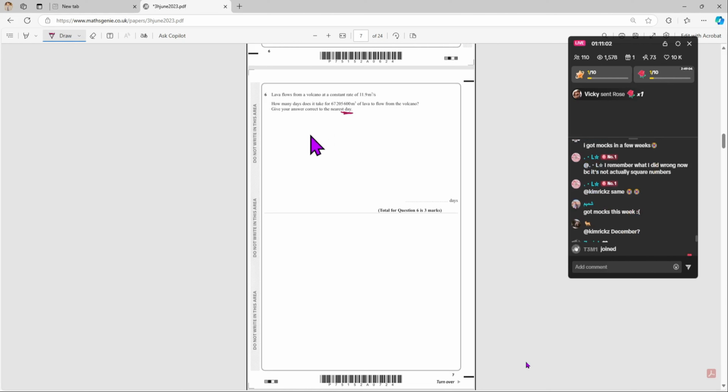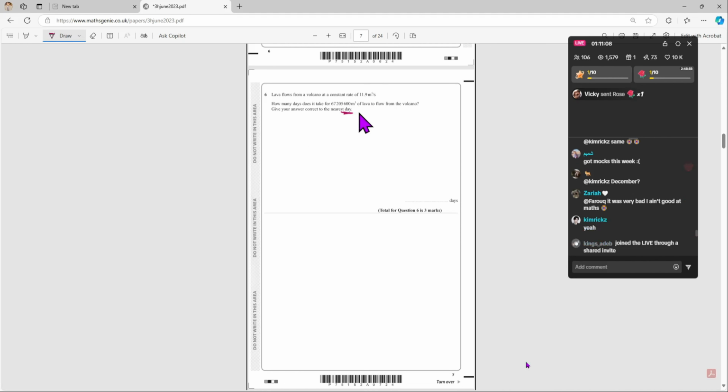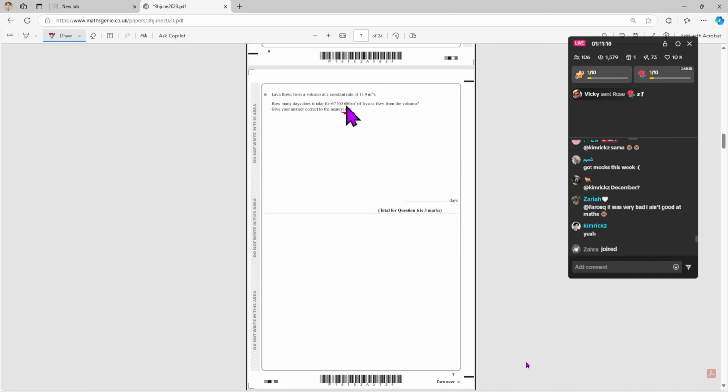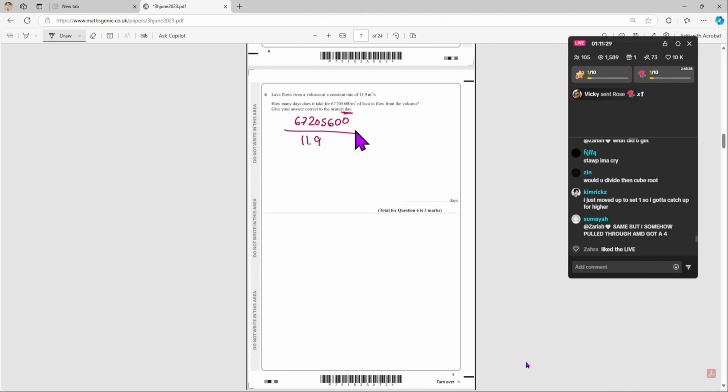So, we need to work out how much lava flows in a second. So we have to do 67,205,600 divided by 11.9 to find out how many seconds it takes this lava to flow. Okay?